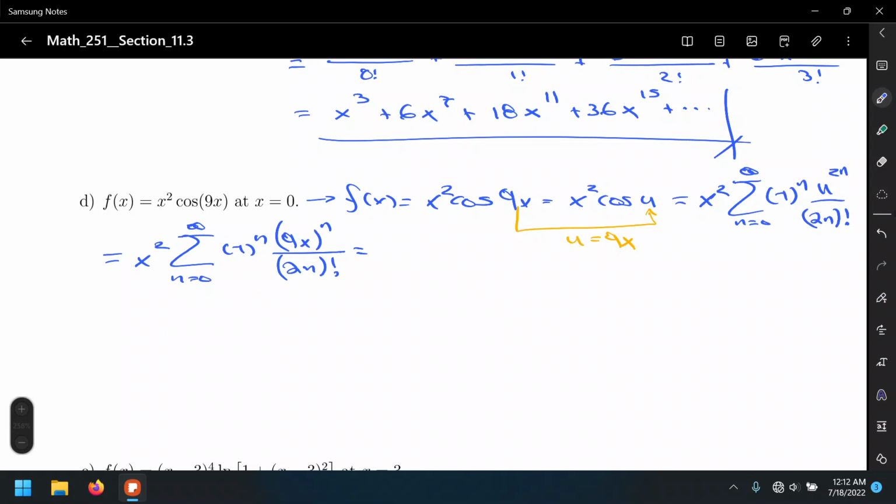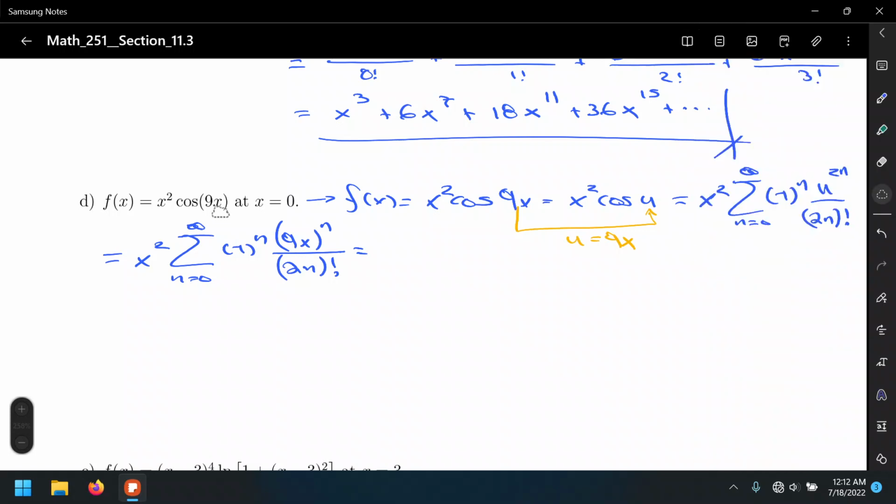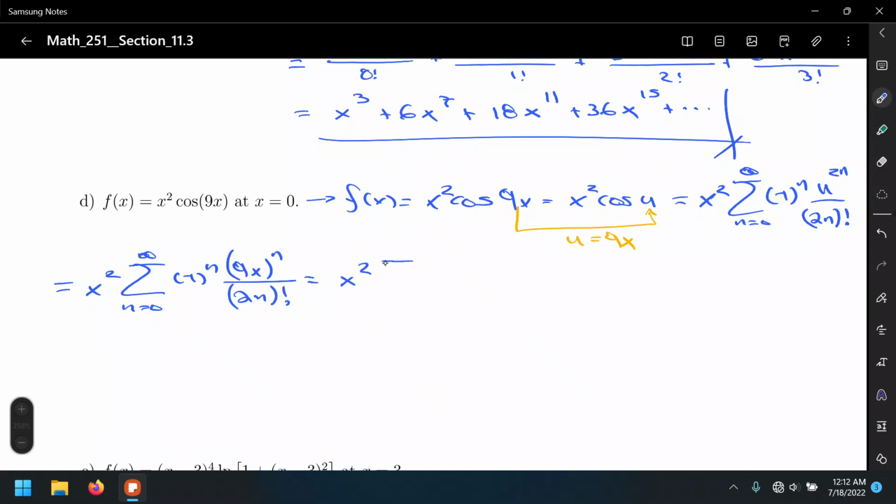Okay, let me continue over here. Let me get some space. So that's going to be x squared sigma n equals 0 to infinity, negative 1 to the n, 9 to the n, x to the, oh actually this one is supposed to be 2n, not n, 2n over 2n factorial, the whole thing in parentheses for the factorial part.